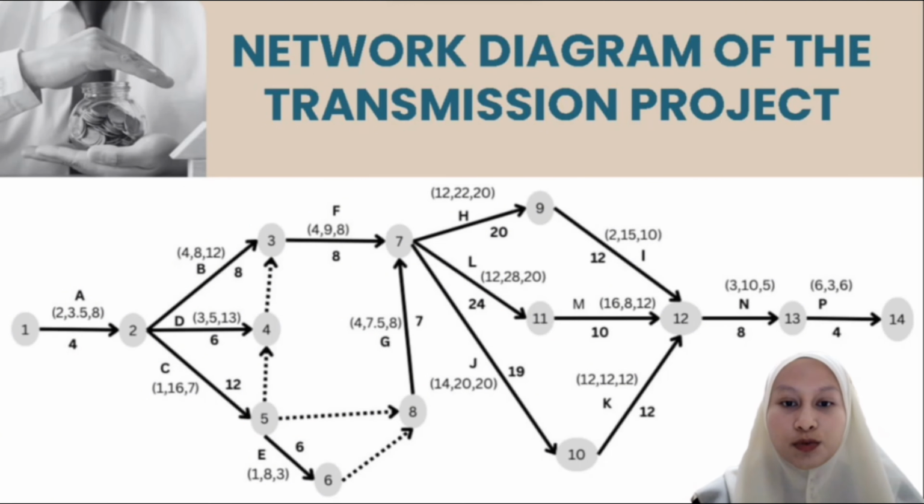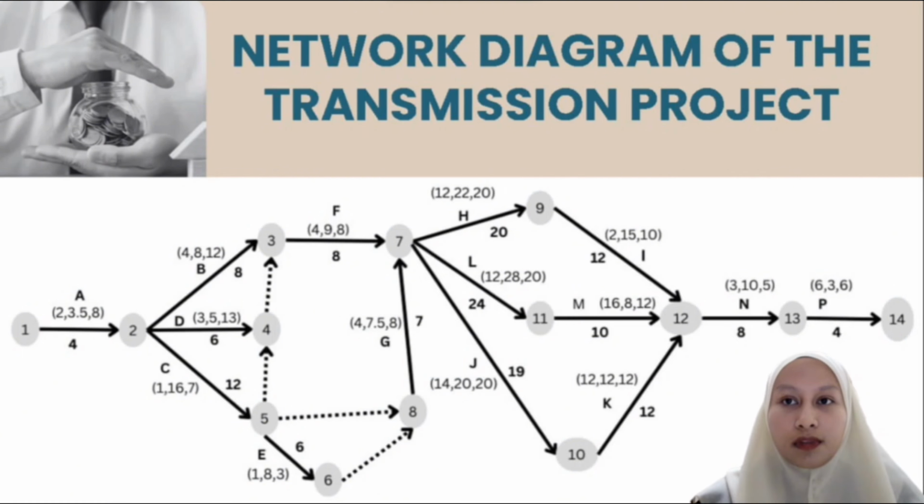So I will present about the network diagram of the transmission project, which is our project. This organization and project may benefit greatly from using a network diagram to better understand the interconnection and relationship among various parts of a structure.